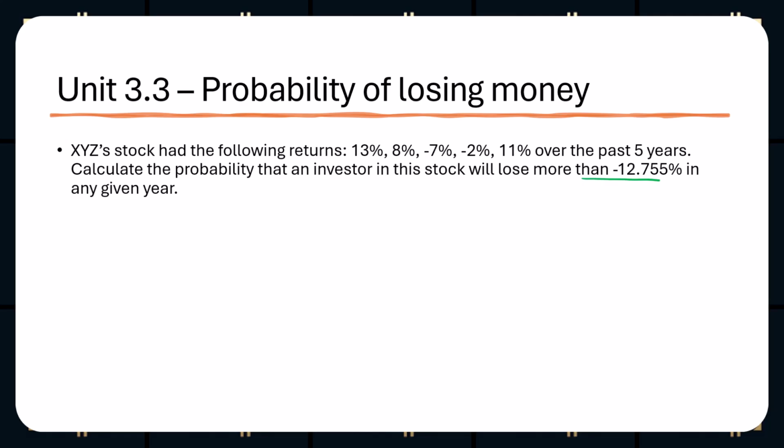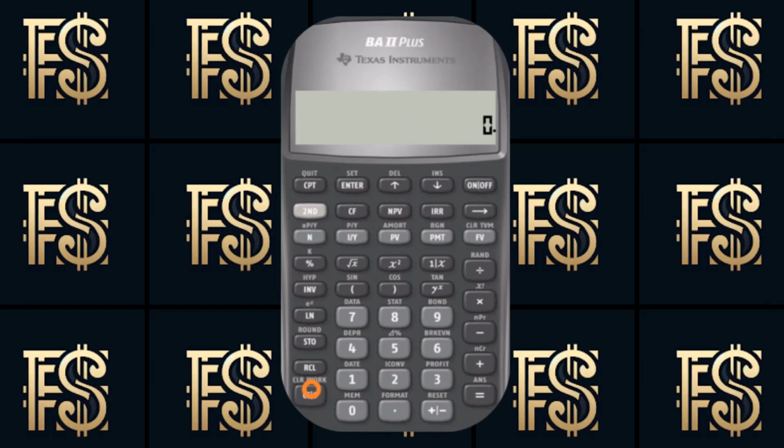But in order for us to solve this, we are going to need the arithmetic average. We are also going to need to know the sample standard deviation. Now, rather than doing this by hand, because that would be painful, what we're going to do is plug these returns into the X values in our stats or data worksheet. So let's go to our data worksheet, clear it out.